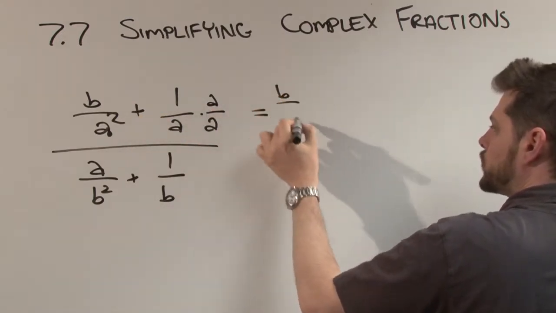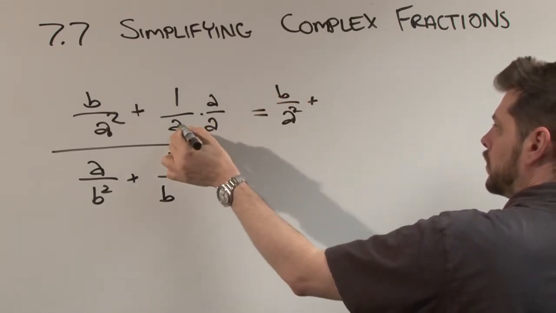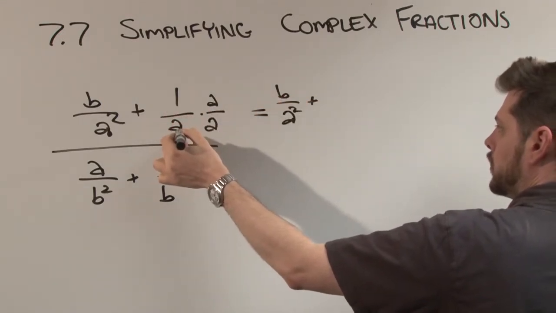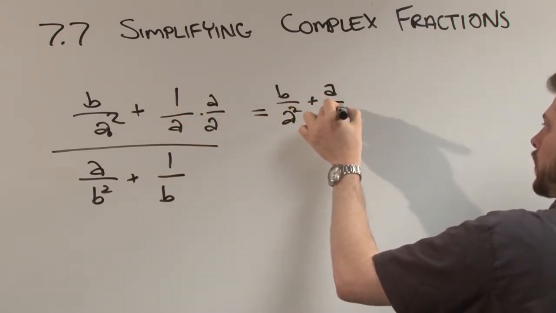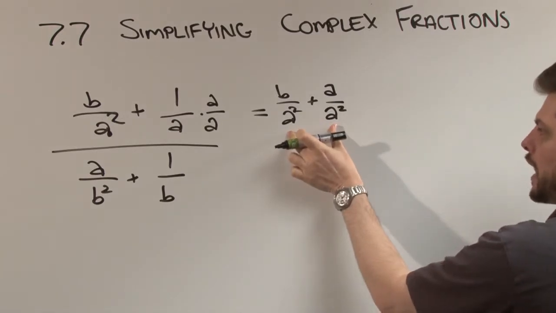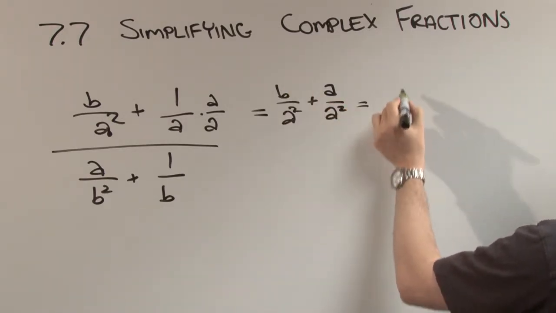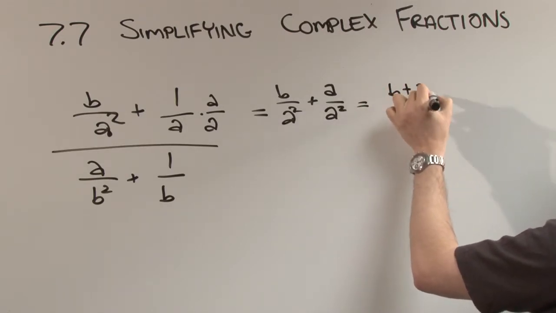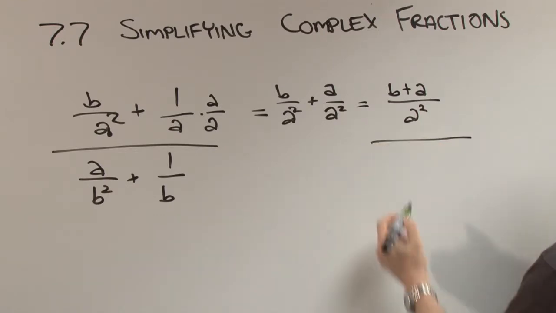So this first term will stay the same, but the second term will be a on the top and a squared in the bottom. And now, because I have a common denominator between the two terms, I can combine them, and I get b plus a over a squared. That's my top term, okay?